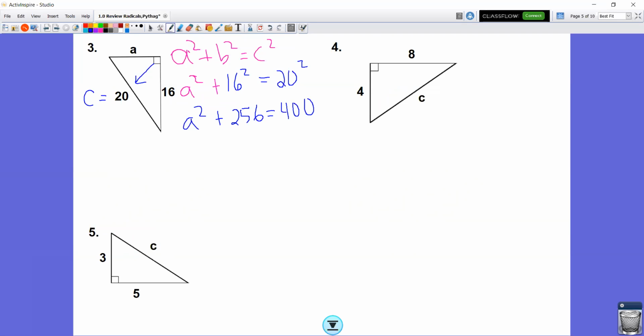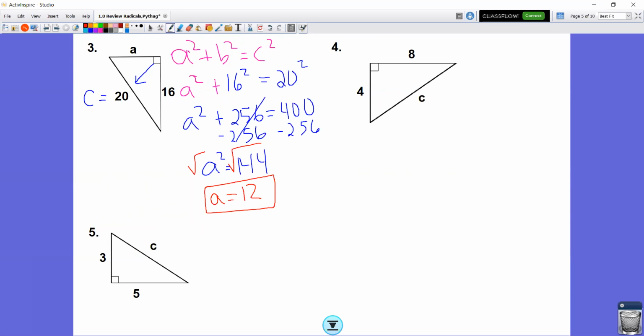I need to subtract 256 from both sides. And I get A squared equals 144. And now you know you must take the square root of both sides. And A equals 12.